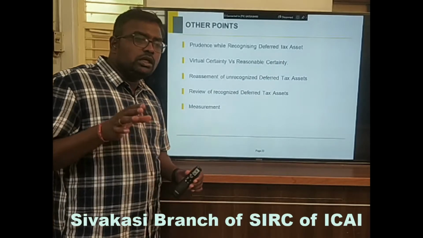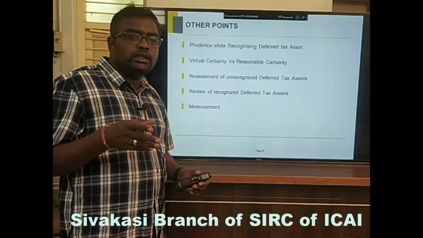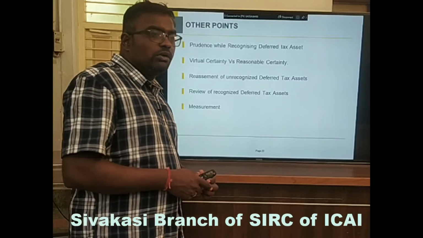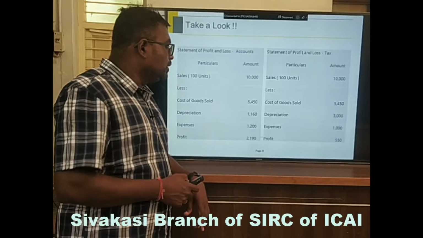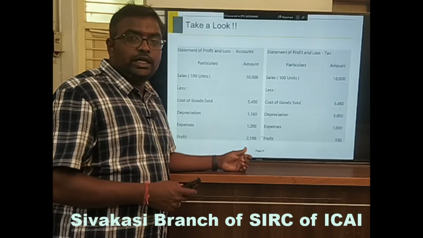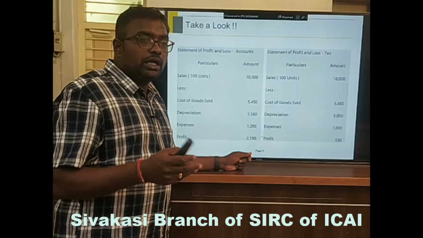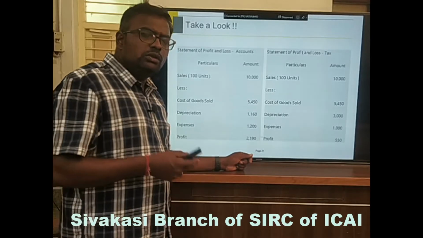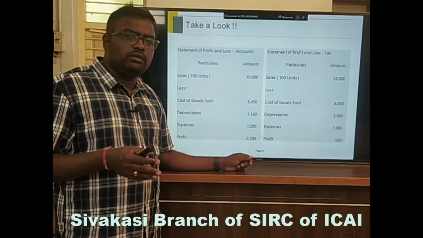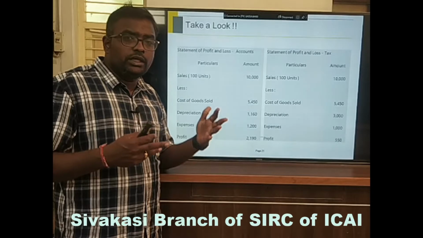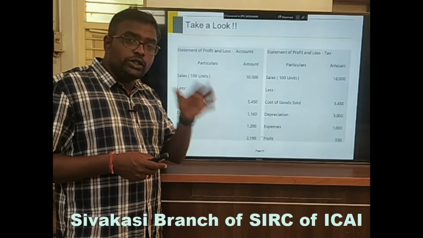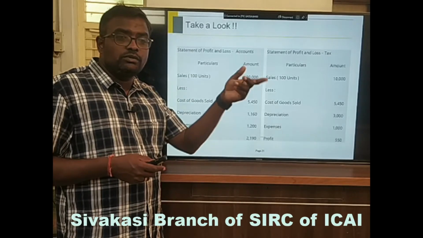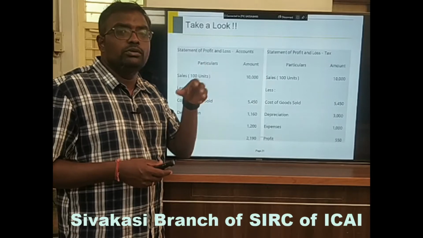One more thing, I think you are all aware that if there is a book loss, say for example, in this situation 2190 is a loss. So as per income tax, you can carry forward this loss to the future. What happens because of carry forward? Because of carry forward, you are not going to pay tax in the future on the taxable income you earn.